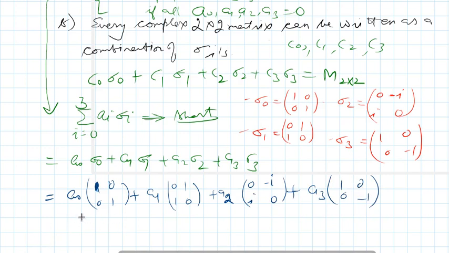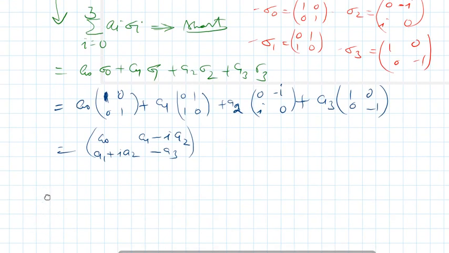Now if I simplify this, it can be written as [A naught + A3, A1 - iA2; A1 + iA2, A naught - A3]. So this is the matrix we are getting.